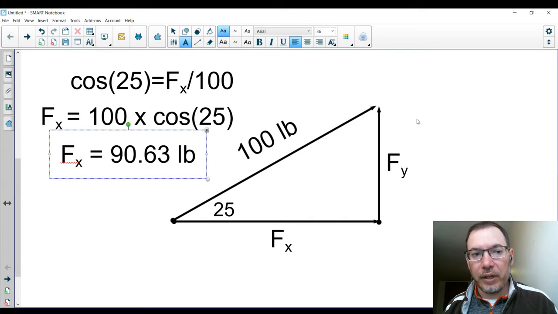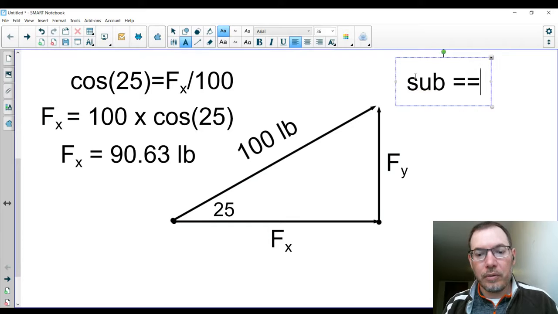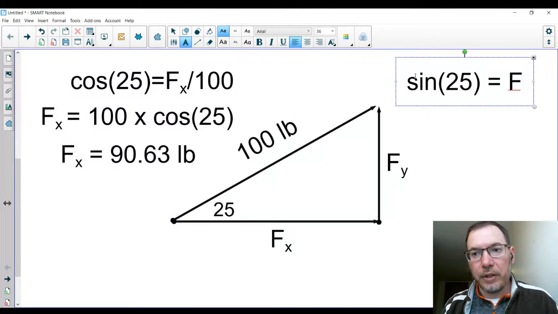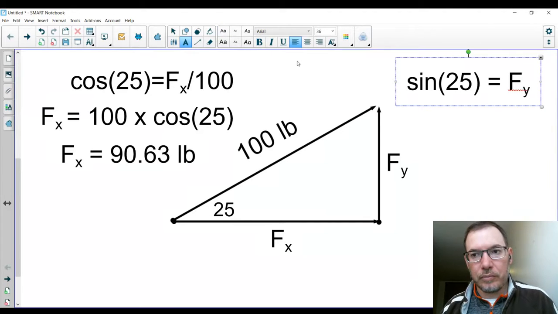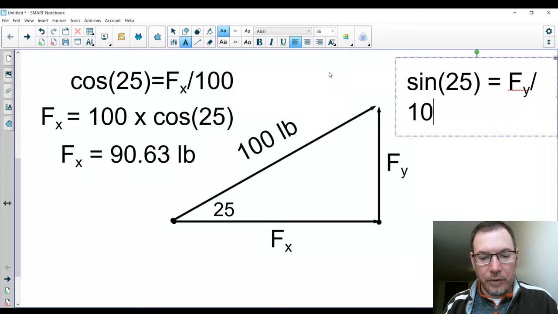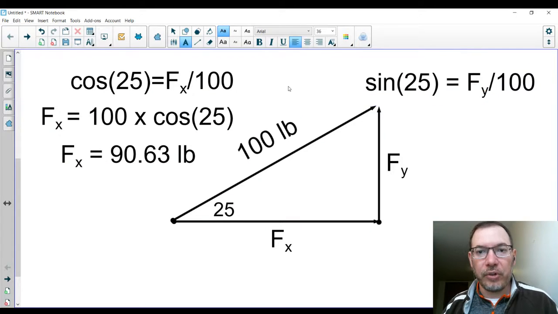We'll say, sine of my angle, so sine of 25, is going to equal f of y divided by 100. That's the same setup we had over here.